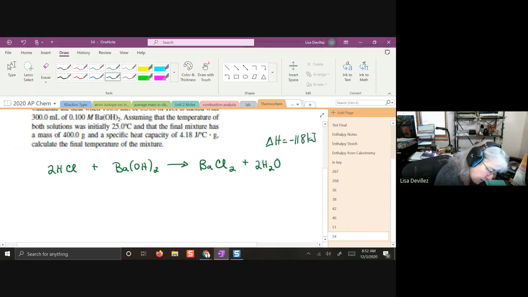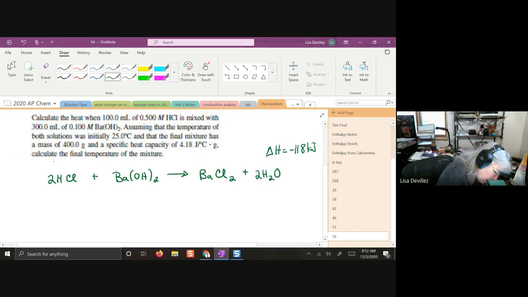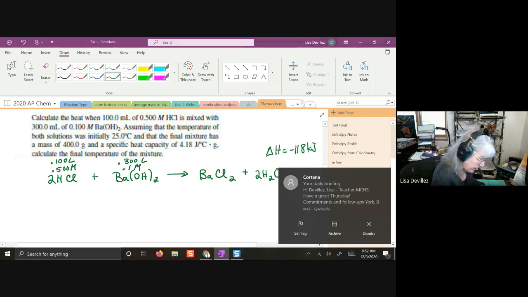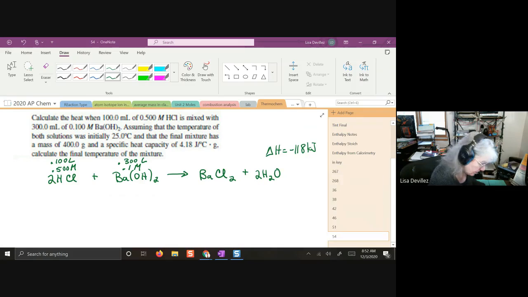All right, and so I have 0.1 liters of 0.5 molar and 0.3 liters of 0.1 molarity. So 0.05, 0.03, and we're just wanting the heat.